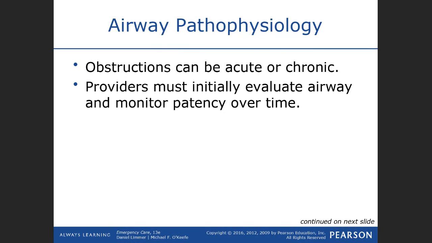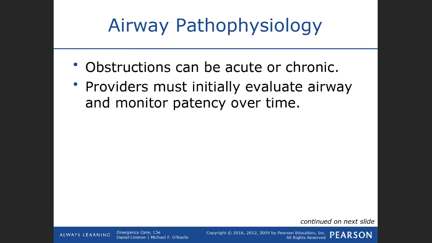Obstructions can be acute or chronic. Acute means sudden. That's what the word acute means. Chronic means it occurs over an extended period. An example of that would be somebody eating, not chewing the food properly, talking, and it ends up in the air passage, causing a sudden obstruction or acute obstruction, right?